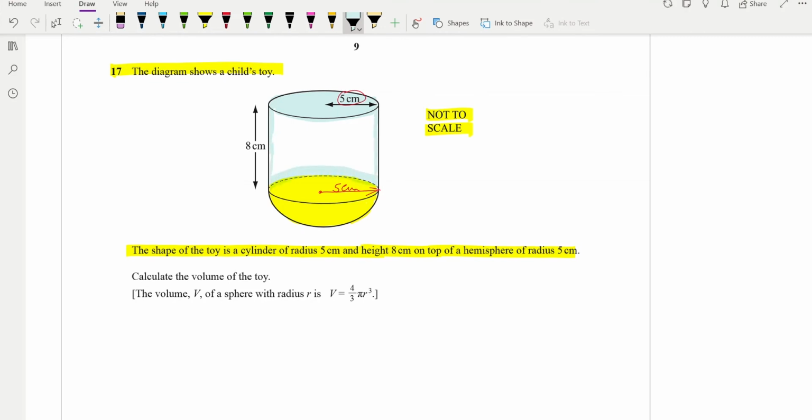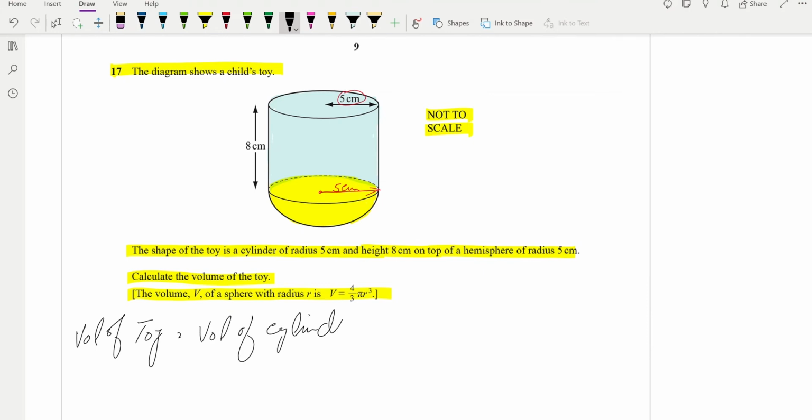So we will be utilizing the cylinder formula, and for the hemisphere, basically half of the sphere, we will use that formula. What they are asking is to calculate the volume of the toy, and they have provided us the volume of a sphere. So we require the volume of the cylinder. The volume of the toy is equal to the volume of the cylinder plus the volume of the hemisphere.